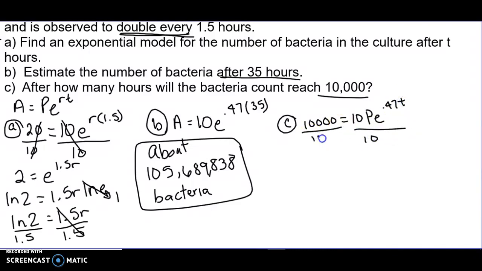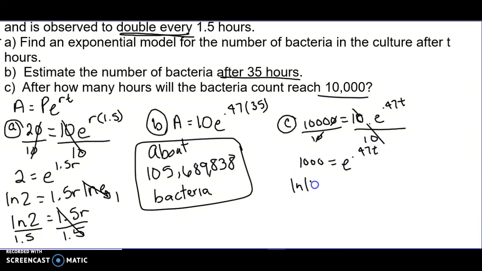Divide both sides by 10. You're left with 1,000 equals, I'm sorry, we need to get rid of that P, times e to the 0.47 T.